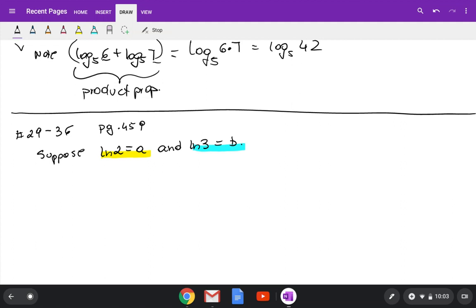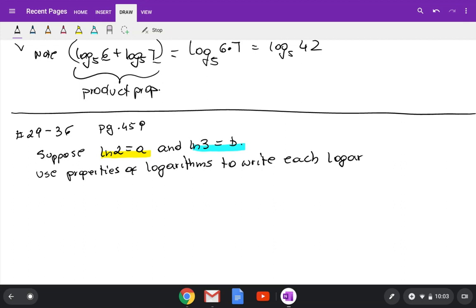Use properties of logarithms to write each logarithm in terms of a and b.